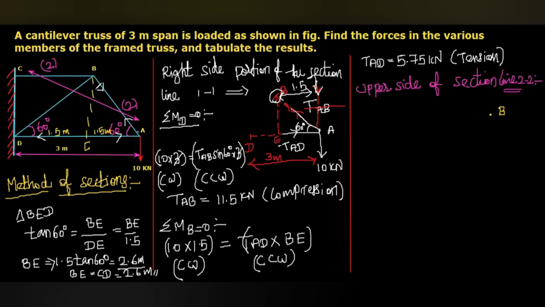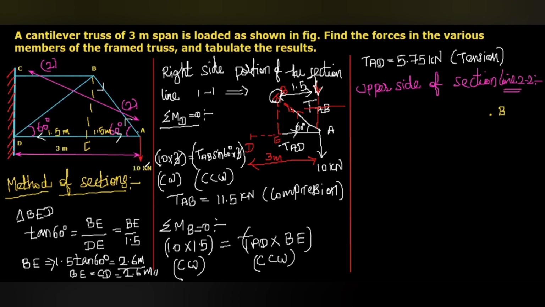First, the point loads in the considered portion, only those we have to consider for the calculation of moments. Here this 10 kilonewton is not in the considered portion. This is the upper portion, and this 10 kilonewton is in the bottom side portion, so we will not consider it.